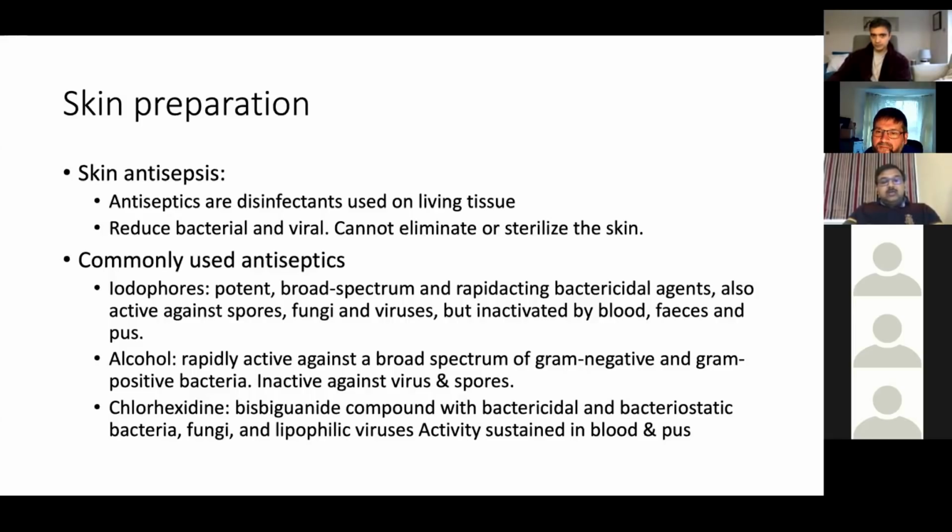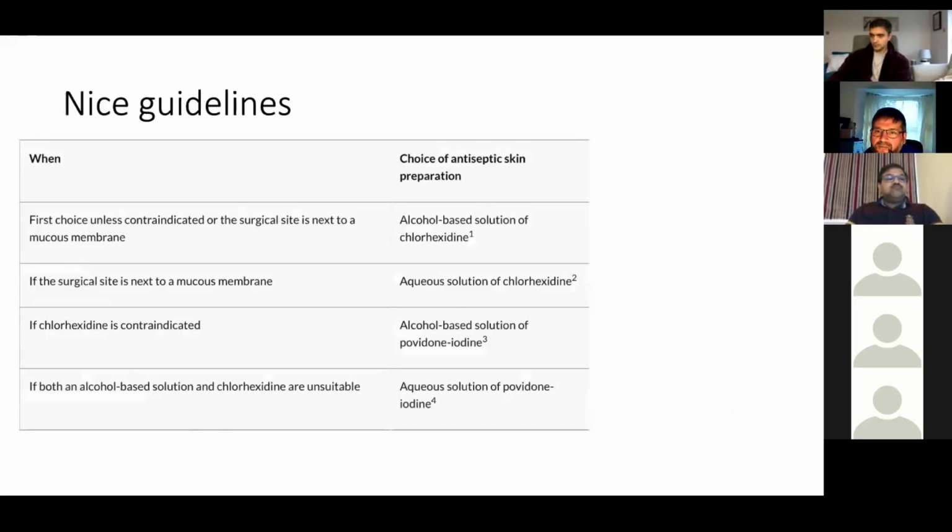Chlorhexidine is a bisbiguanide compound with bactericidal action against bacteria, fungi, and lipophilic viruses. Its activity is sustained in blood and in the presence of pus. These are nice guidelines.